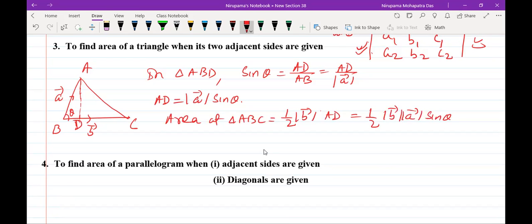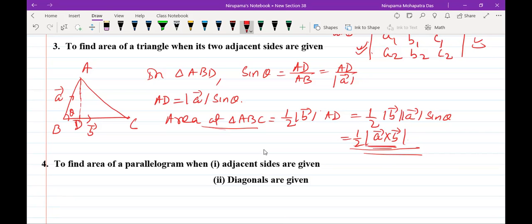That is equal to half of the magnitude of A cross B, since the magnitude of A cross B is magnitude of A into magnitude of B into sine theta. So the area of triangle ABC equals half of the magnitude of A cross B. If two vectors represent two adjacent sides of a triangle, then the area can be calculated by taking half of the magnitude of their cross product.